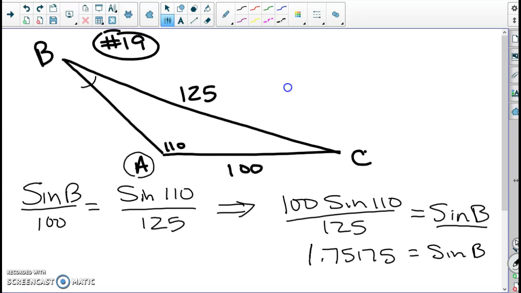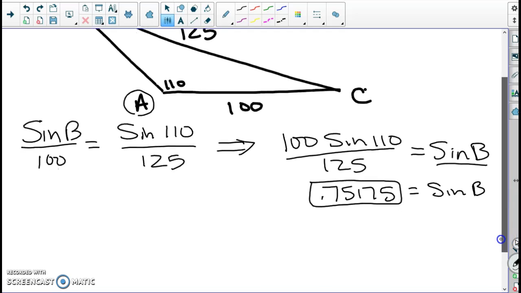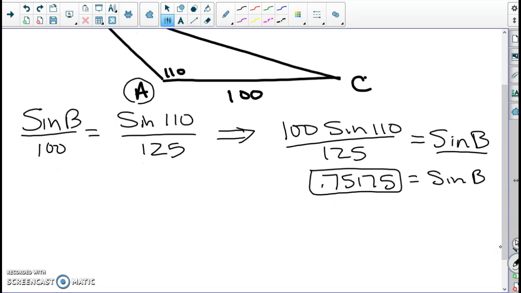So in calculating 100 times the sine of 110 over 125, we get this decimal value, and we might scratch our heads a little bit, but we know that we're just going to take the inverse sine of both sides. The inverse sine of sine cancels, and we end up with B. So the inverse sine of 0.75175 should give you approximately 48.74 degrees.